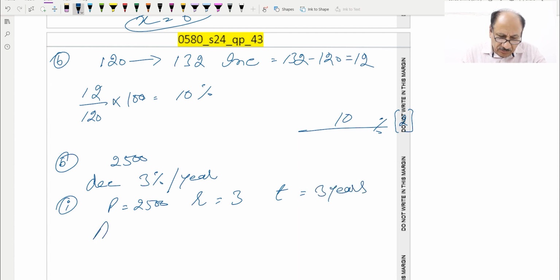We can apply the exponential formula or compound interest formula. This will be P into 1 minus, minus for decrease and plus for increase, raised to the power T, and this will be R over here.